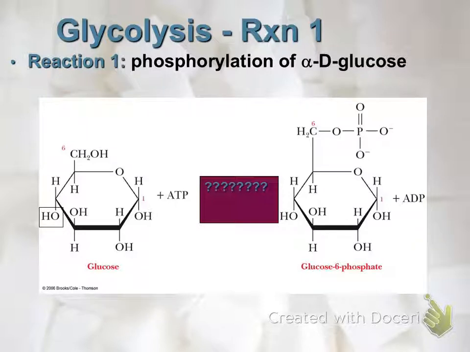So we have glucose, we make glucose 6-phosphate with the ATP. Using the logic that we know thus far, what class of enzymes could this be? This is a kinase. So if you were going to name this, what would you think would be the logical name for this?